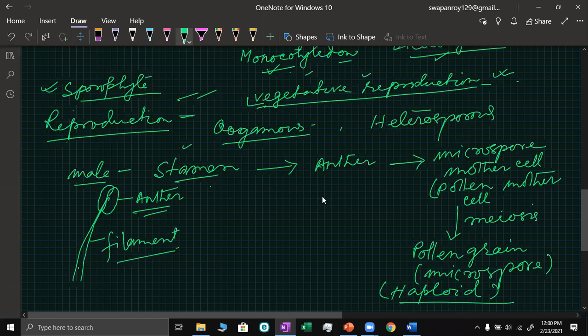Within the anther, the microspore mother cell or pollen mother cell develops, undergoes meiosis and forms the pollen grains or microspores, which are haploid. This is the beginning of the gametophytic generation.